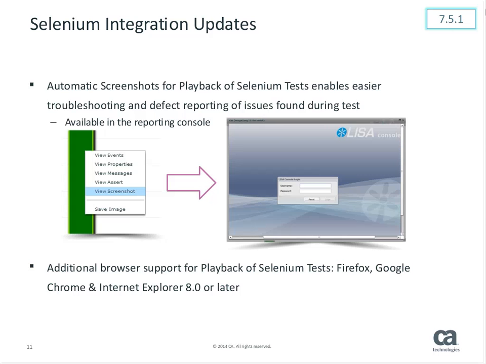So in 7.1, we added that capability as well, where you can utilize a remote WebDriver and also specify what web browser you want to run the test against. So it opens it up for a lot of the different browsers as well. So you record it once in Firefox, and then you can execute and validate the same test across different browsers.